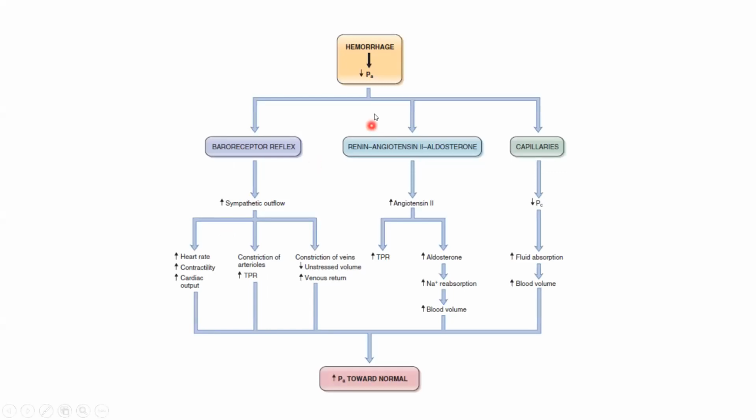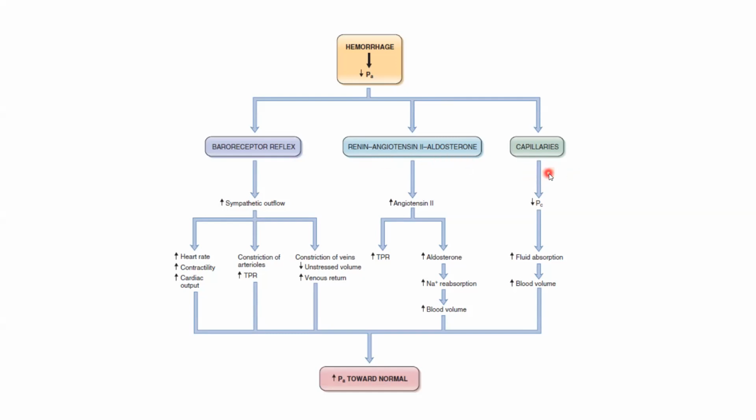So this is basically where hemorrhage has caused a decrease in arterial pressure, and it has triggered all sorts of blood pressure regulation mechanisms. So, of course, any decrease in blood pressure will trigger the whole timeline, which we discussed yesterday, of blood pressure regulatory mechanisms, starting from baroreceptor, going on to the renin-angiotensin vasoconstrictive response, and then eventually going on to the renin-angiotensin aldosterone response.